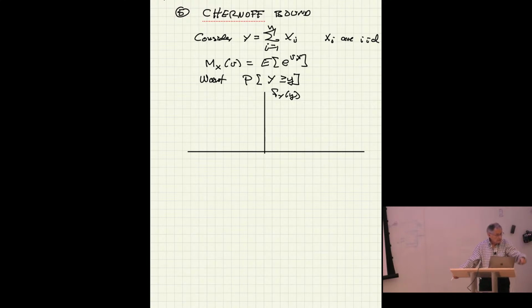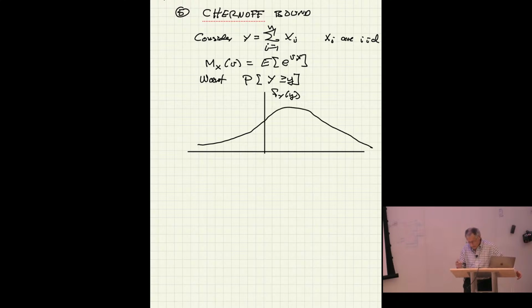A normal. That's what the central limit theorem said. So I'm going to draw it looking like a normal, more or less. Sort of a normal, okay?